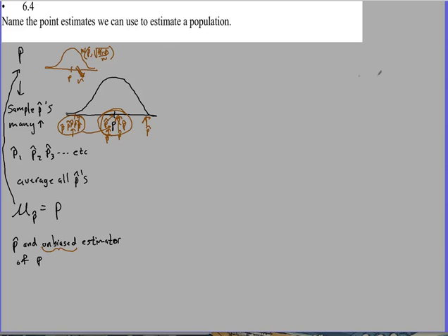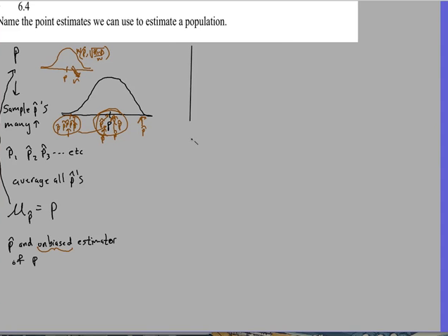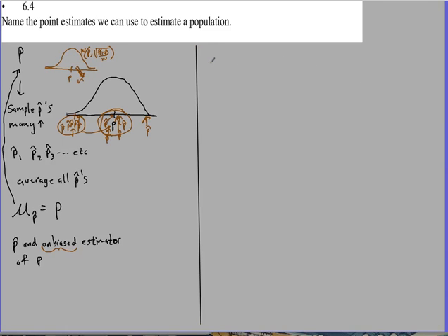So it's the same idea with x bars. Okay, so if you have some population, I'm interested in mu. The parameter for a population is mu, with this standard deviation.